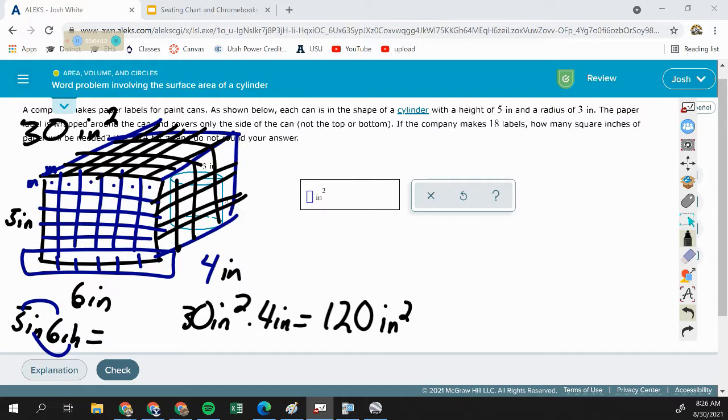There are 120 blocks inside that picture that are made up of cubes that are an inch by an inch by an inch. So this block right here is one of the 120 cubic inches. Okay? All right. What's next?